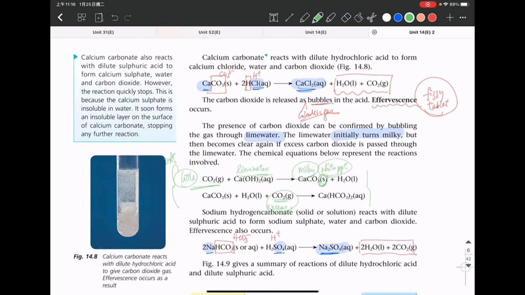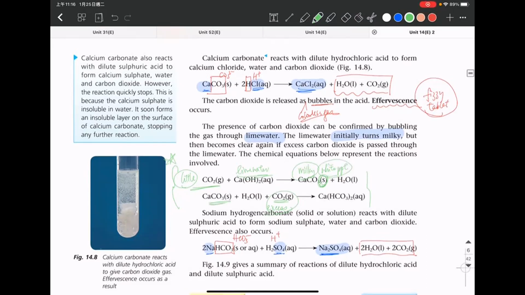The calcium carbonate will dissolve back into the solution when I have excess carbon dioxide. And why? Because it will form water-soluble calcium hydrogen carbonate, which is dissolved in water.